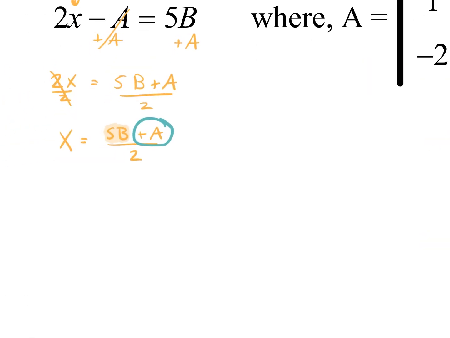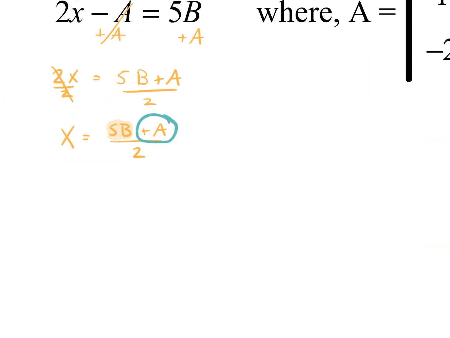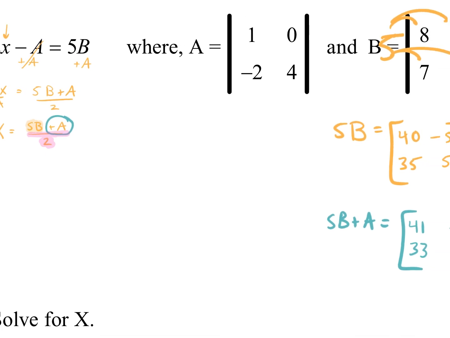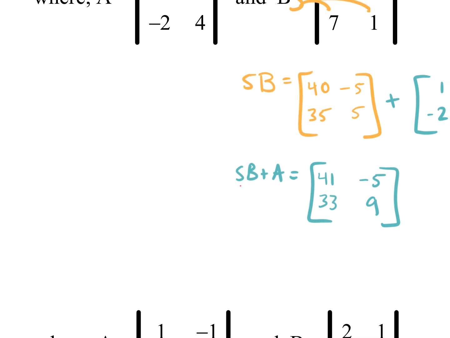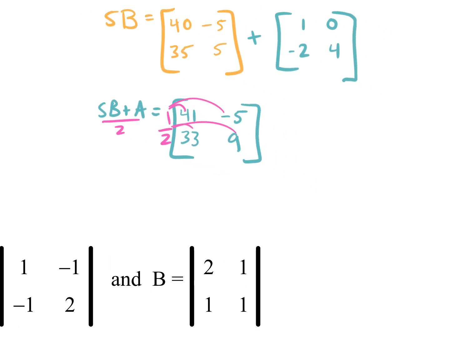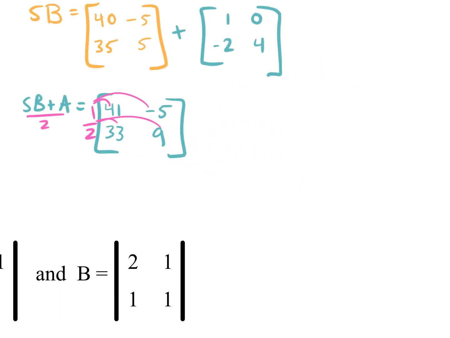We've got one last step to do. The last thing we want to do is divide by 2. How else could we say divide by 2? We can times 1/2. So we're going to multiply this by the scalar of 1/2. So that's going to get distributed to everything in our matrix. Lucky for us, these are all odd numbers, so nothing simplifies. So we've got 41 over 2.